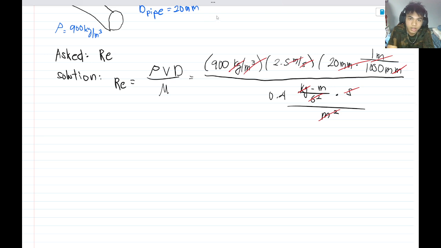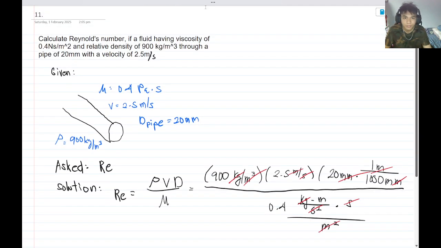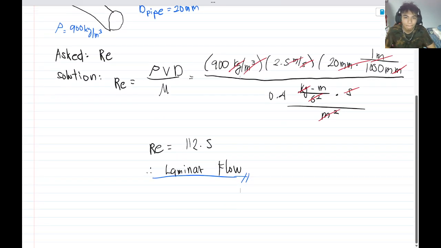When you solve this, ang ating Reynolds number would be 112.5, indicating na yung ating flow is laminar since it is less than 2,000. Okay?